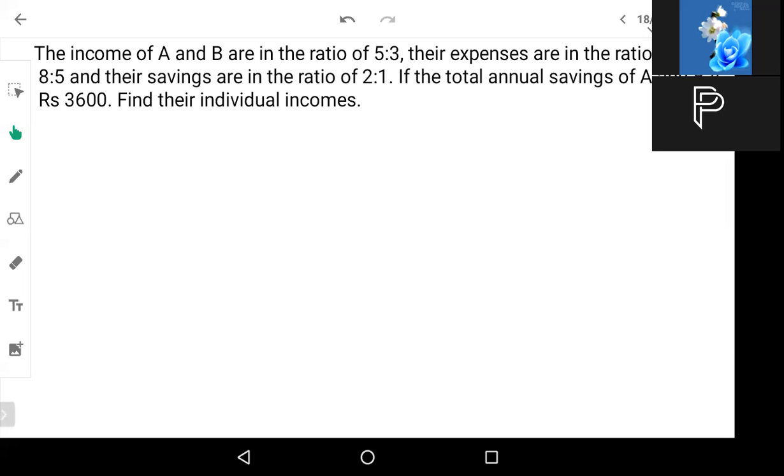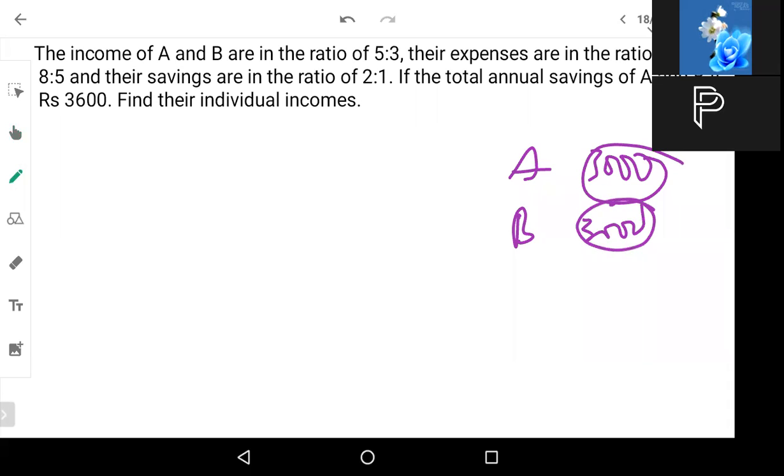See, the problem is same as the previous one, but the only change in this problem is that both of their savings are given instead of each. Now, in the previous problem, it was 3000 for A and 3000 for B. But here, both together are saving 3600 and their income ratio is given.